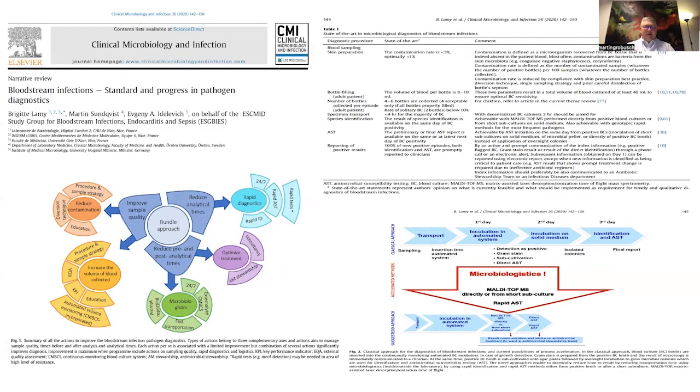Actually, this is just a slide summary, and I'll talk you through this quickly, about the state of the art of identifying a pathogen responsible for what we consider as a sepsis-like picture. And because it is so important, a sepsis-like picture is not only caused by bacterial pathogens.